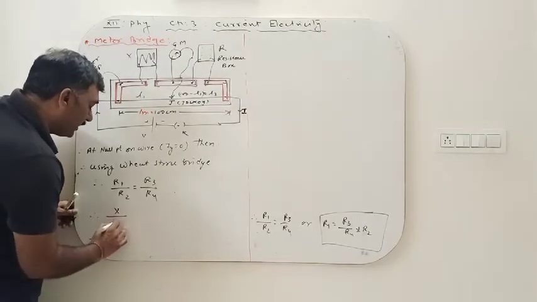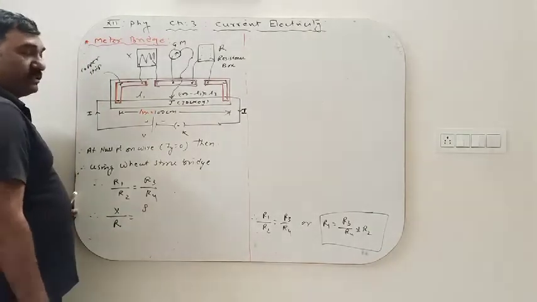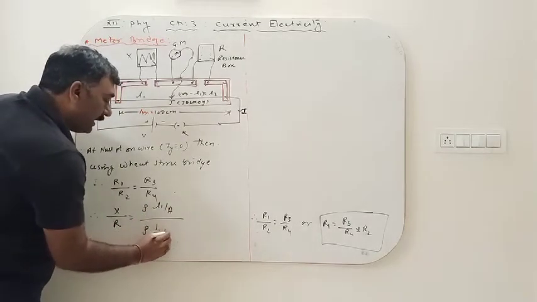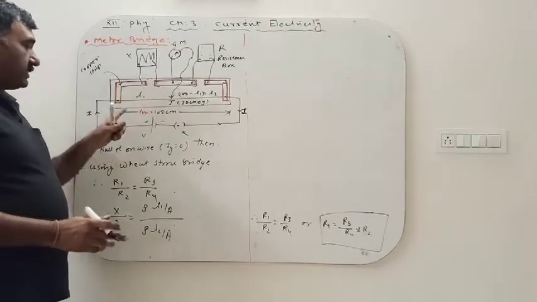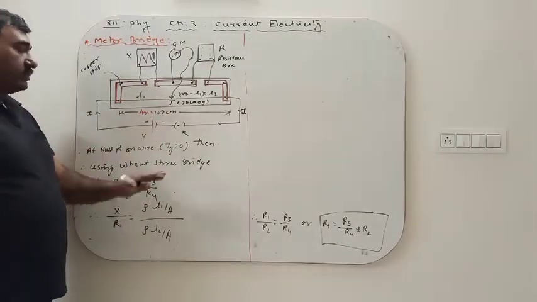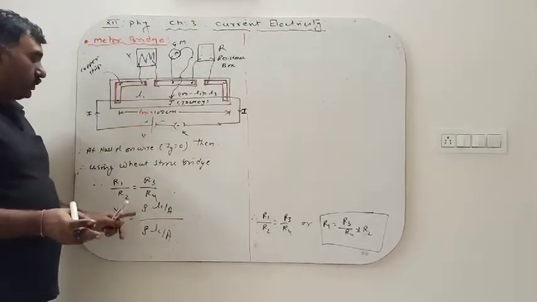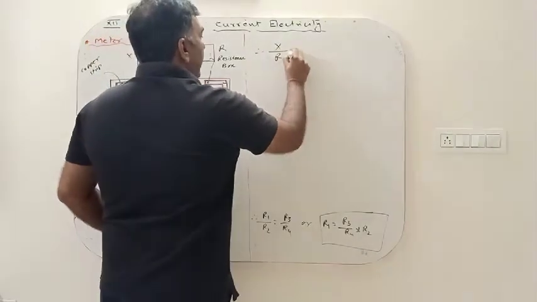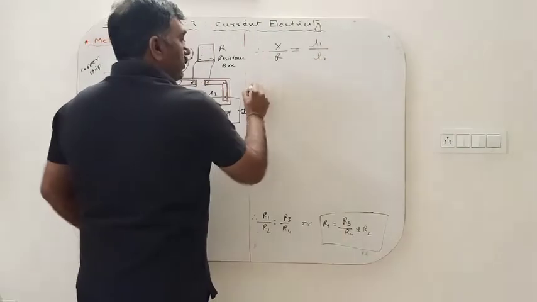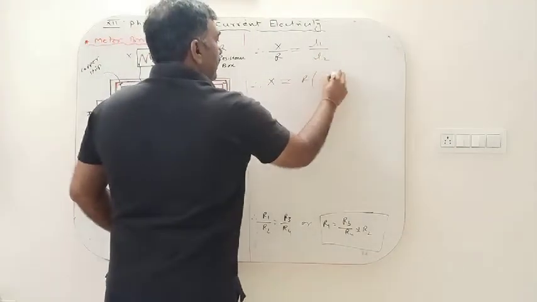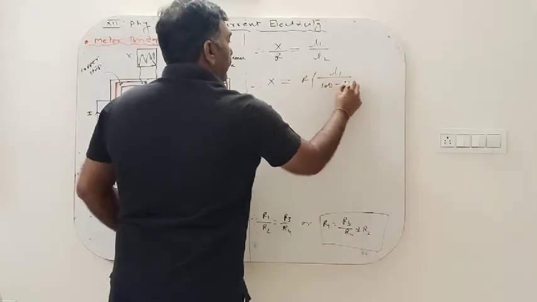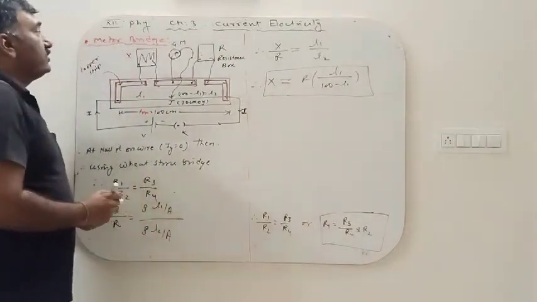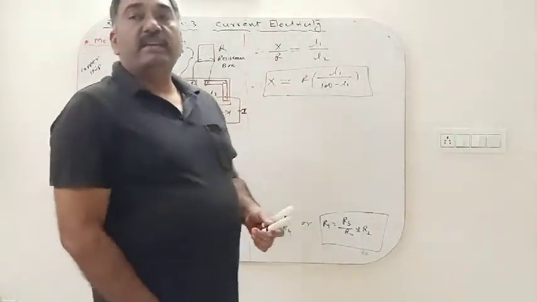So X divided by R is equal to rho L1 by A divided by rho L2 by A. For the same wire, the resistivity is the same and the cross-sectional area also remains the same, only the length changes. So rho and A cancel, and we get X by R is equal to L1 by L2. So the unknown resistance is R multiplied by L1 upon 100 minus L1. This is the formula or method by which the unknown resistance can be determined.